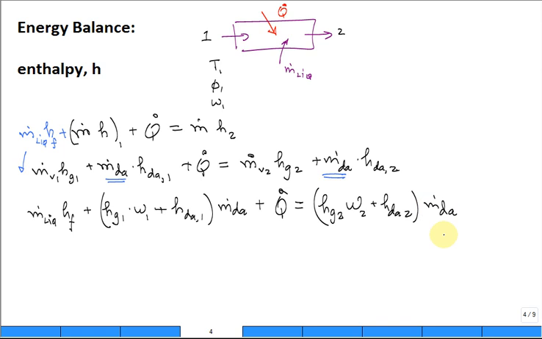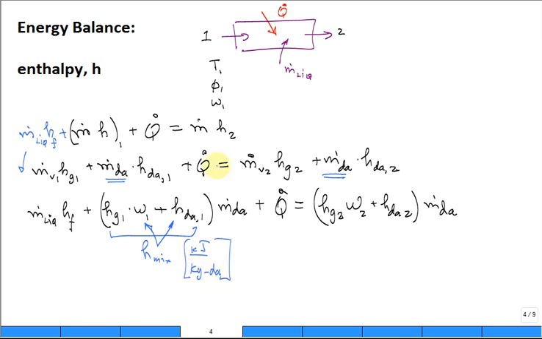A lot of times we'll talk about a mixture enthalpy, which is the combination of the dry air plus the vapor's enthalpy. And it's all on a per unit mass of dry air. This mixture enthalpy is a combination of both terms, and it has units of kilojoules per kilogram of dry air.